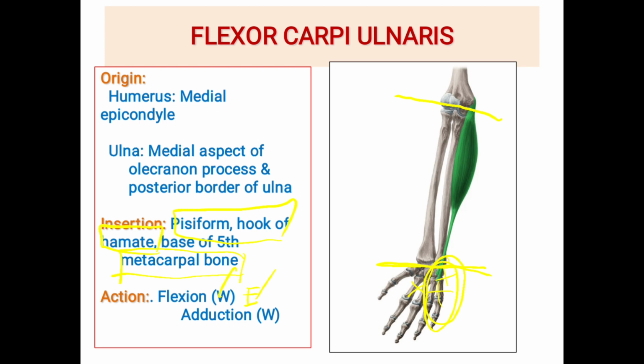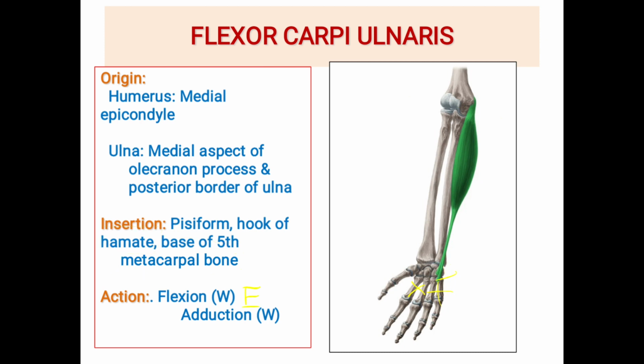your flexor carpi ulnaris can also pull the hands towards the medial side, and you call that now ulnar deviation, or that is adduction of the wrist. Okay, so when you say ulnar deviation, the other term for that is adduction of the wrist. Okay, so take note class, I add letter E for the flexion.